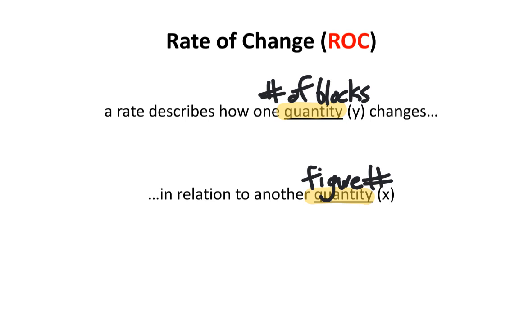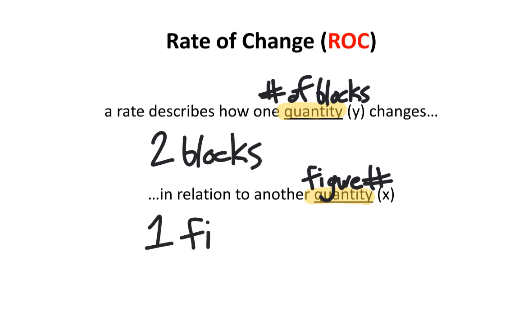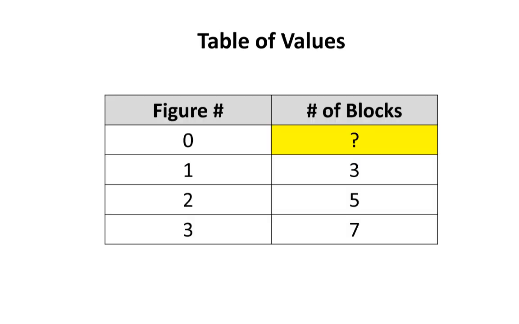Linking this back to the pattern you just discovered, there is an increase of 2 blocks for every one figure. Therefore, the rate of change is an increase of 2 blocks for every one figure, and we'll be talking about the variable of y and x a little bit later.